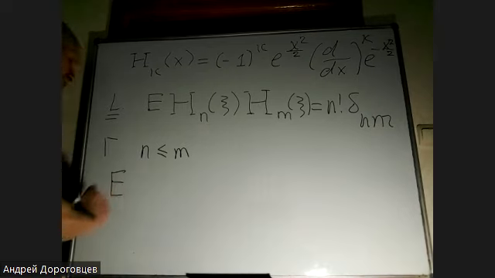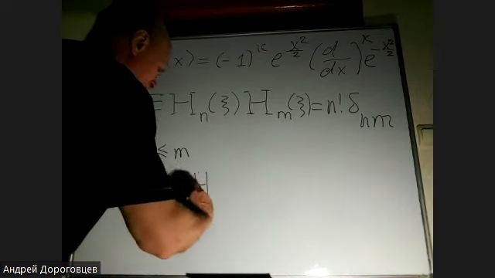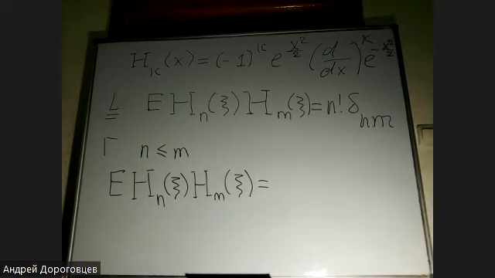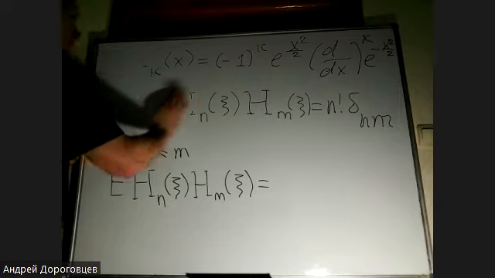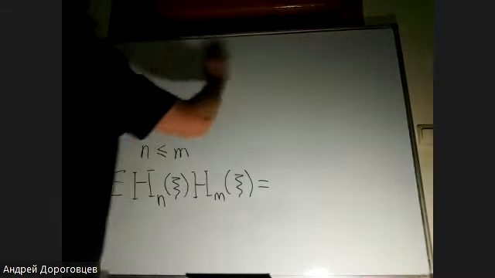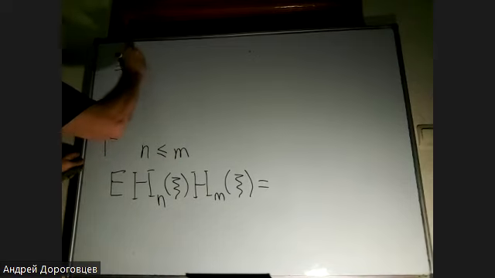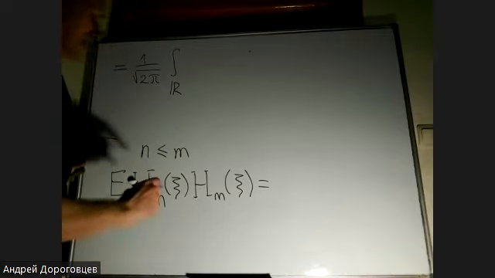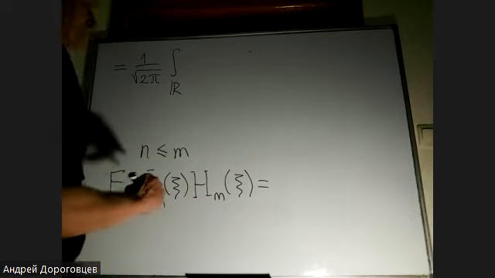This expectation of H_n(psi) multiplied by H_m(psi) is equal to the following integral: 1 over square root of 2 pi, integral over R. Let me write these expressions in terms of the derivative of the function.